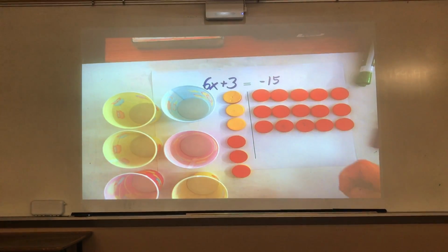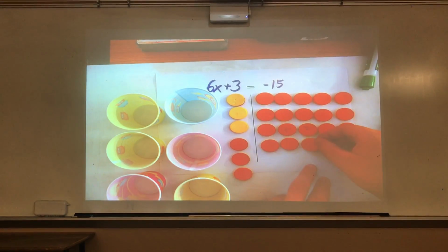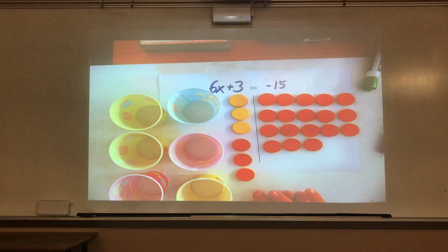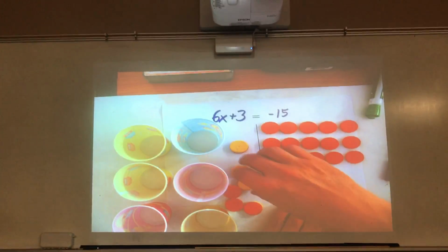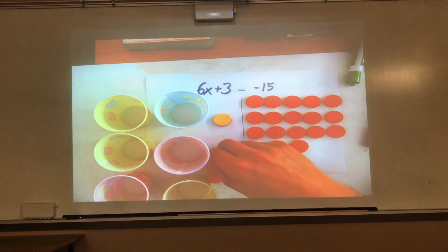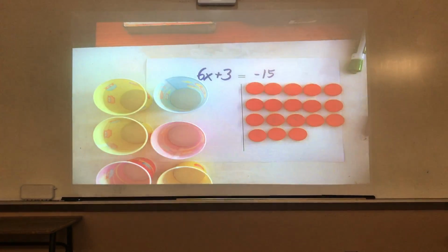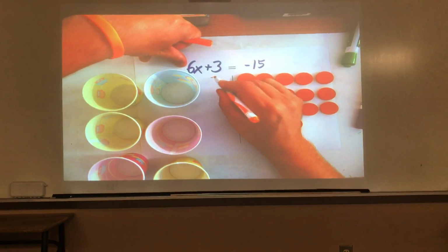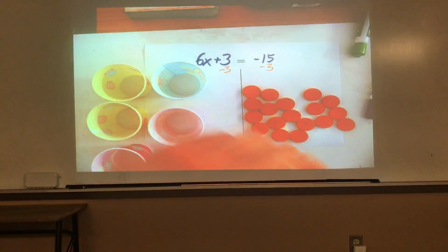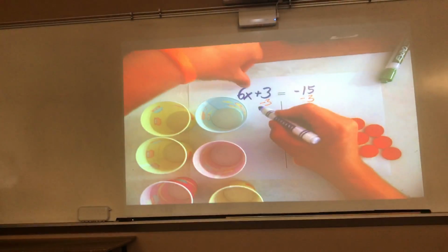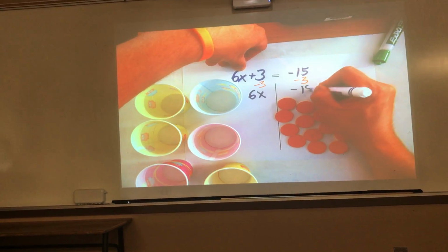So we're going to add basically a negative 3 over to the right side. We got 1 zero pair, and we'll actually take these away now that I added another negative 3 to the other side. So it'll be 6x equals a negative 18.